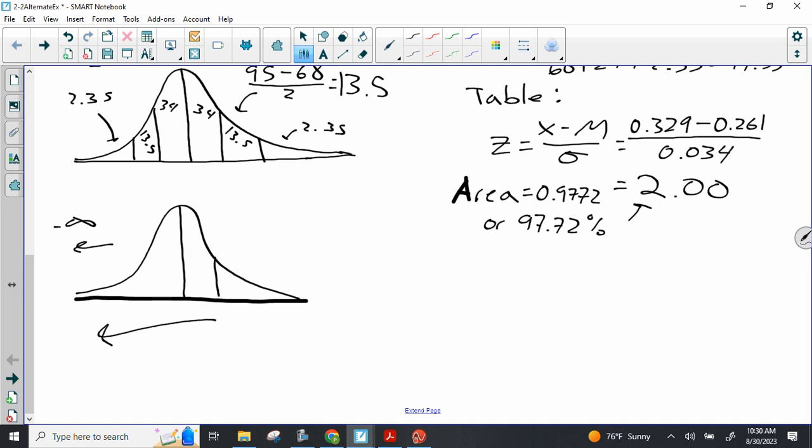This will be my upper bound. If we're finding an area from here, where this is my lower bound, then my upper bound is positive infinity.